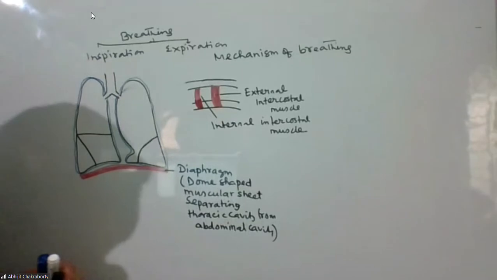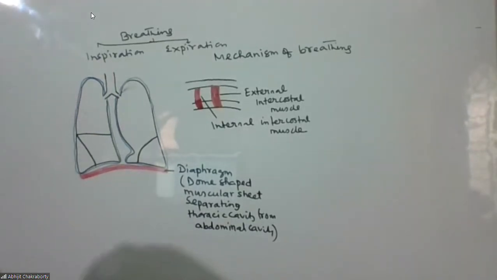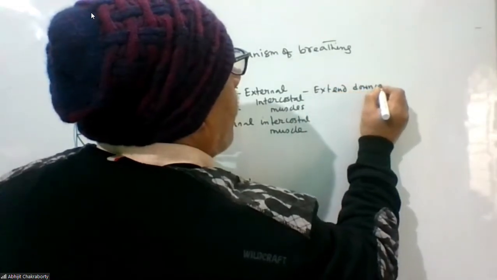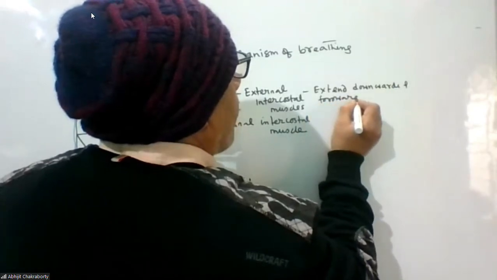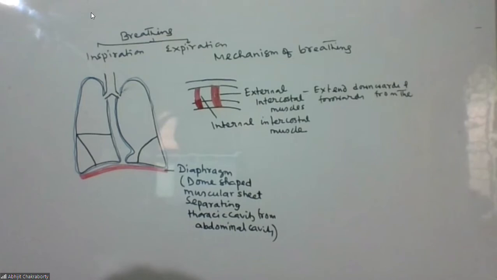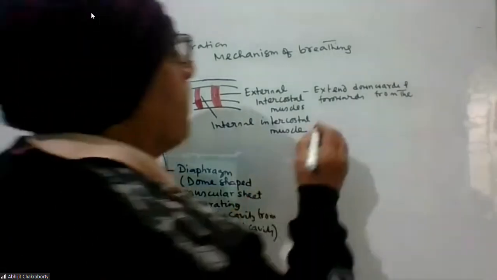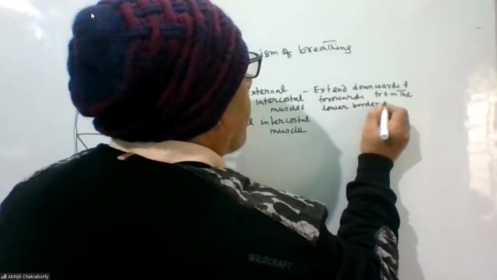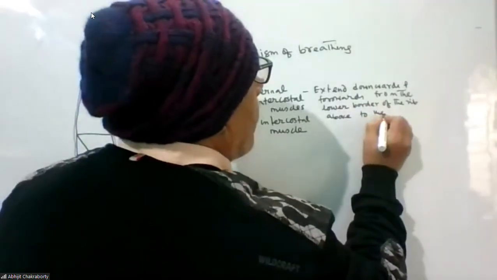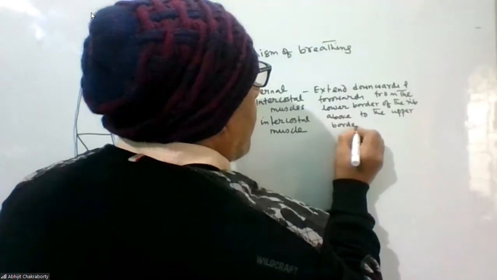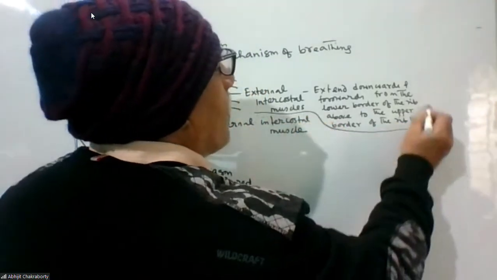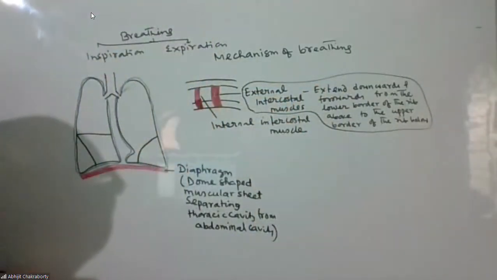The external muscles actually extend downwards and forwards from the lower part of the rib above to the upper border of the rib below.